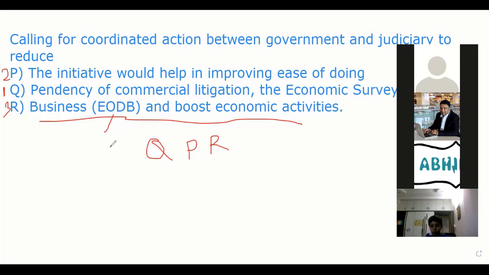So calling for coordinated action between government and judiciary to reduce pendency of commercial litigation means there are a lot of cases pending in the courts. So this paragraph is talking about coordinated action required between government and judiciary so that the pending cases can be reduced.